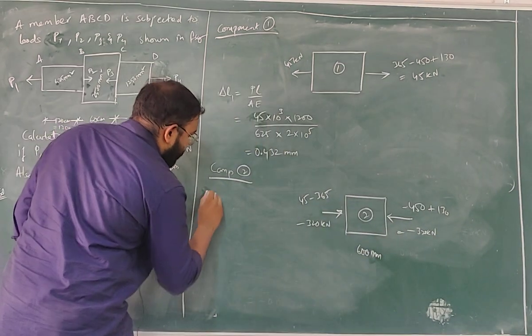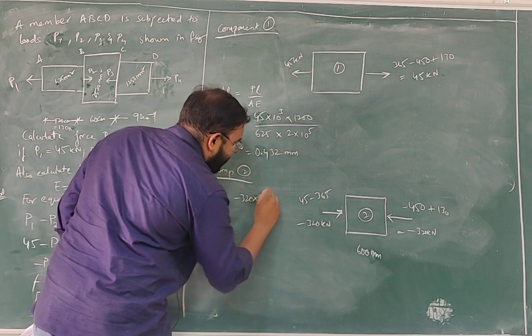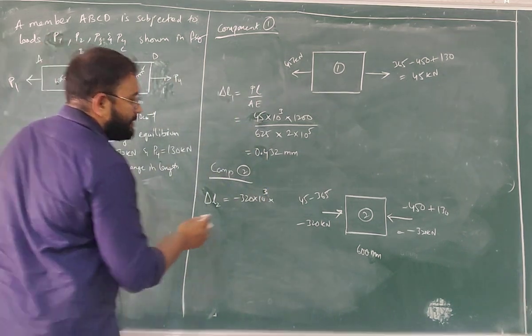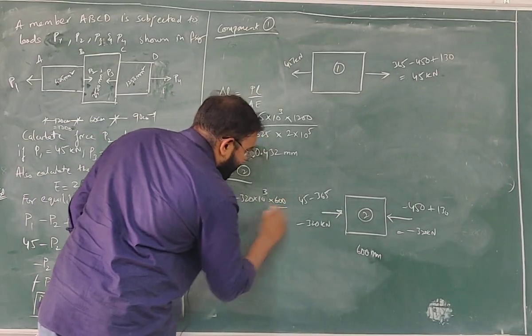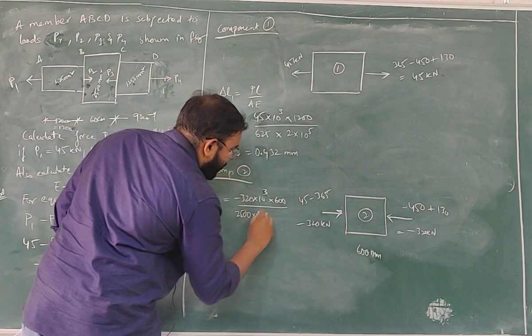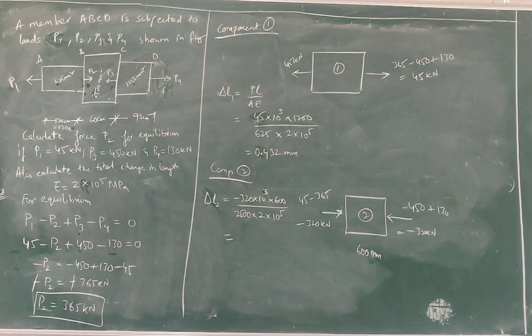Okay, now substituting here, delta L2 is equal to minus 320 into 10 power 3 multiplied by the length, 600, divided by area, 2500 into 2 into 10 power 5. What is the answer?